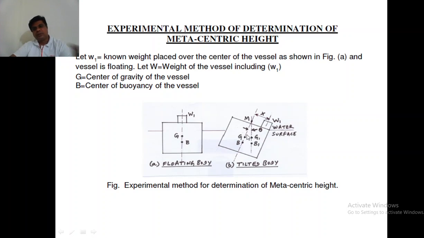Because of this tilting, the location of the center of buoyancy will change, and from B1, if you draw a straight line along the normal axis of the vessel, we get the metacenter M. This is the water surface, and this is the angle of tilt, and x is the distance by which the weight W1 has moved from the center toward one end of the vessel. So this is the experiment to be done.